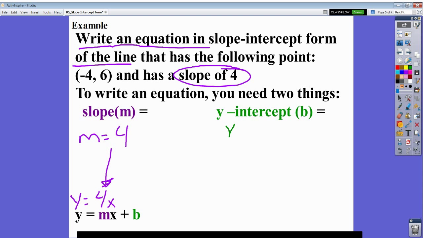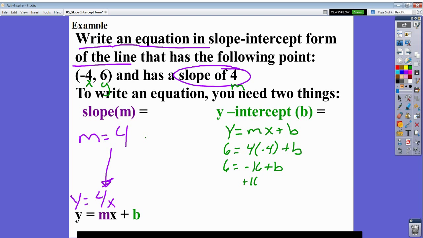To find the y-intercept, we use the base equation, y equals mx plus b. We need an x, we need a y, and we have our m. For y, I'm going to plug in 6. For m, I'm going to plug in 4. And my x is -4. So 4 times -4 is -16.